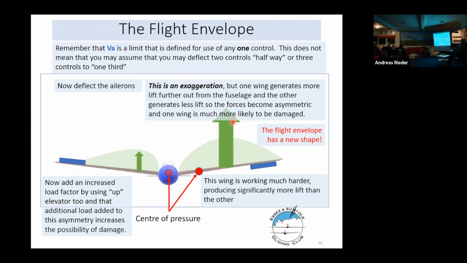Again, I'm exaggerating for effect. But the point is that the center of pressure has moved out onto this wing somewhere, and the flight envelope is a completely different shape because a lot of lift is being generated by this wing and not very much lift is being generated by this wing. Things have changed dramatically because we've deflected the ailerons.